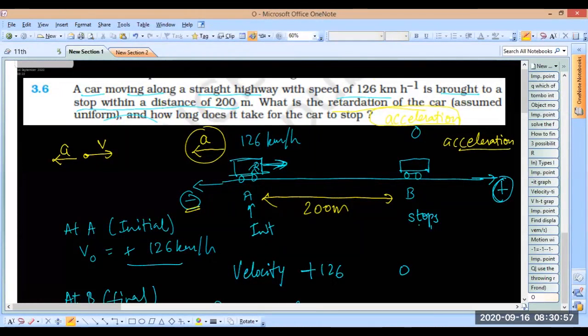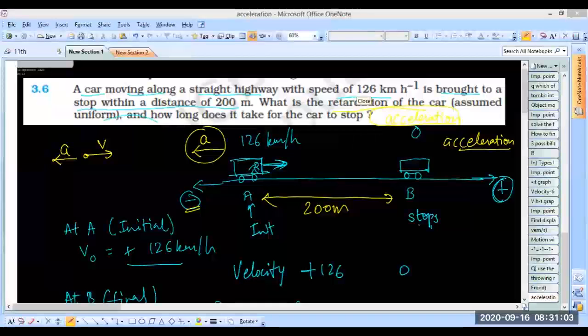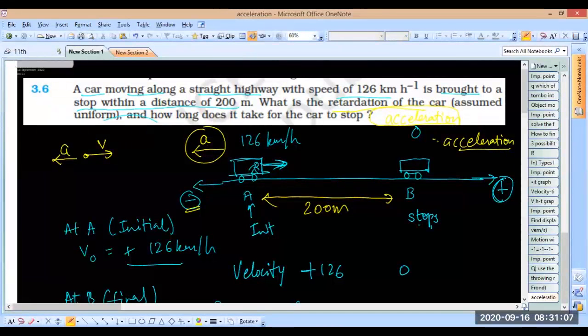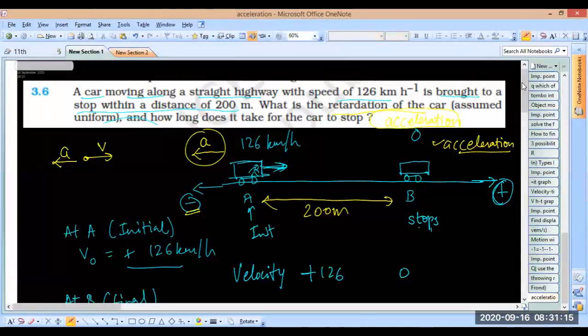What is that relation? I will explain it near the end of this question. Okay, Nandini, very good. We will find out what is acceleration and then we'll worry about retardation. Trust me, it's only one step away. All right, from there. So let's find out what is acceleration.